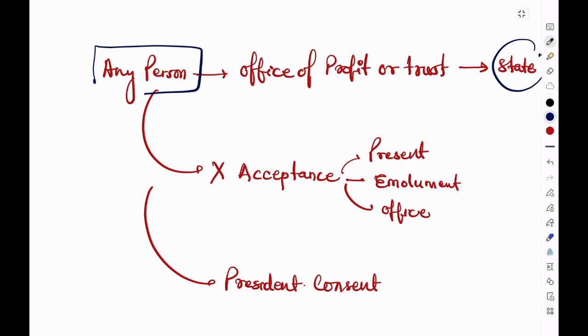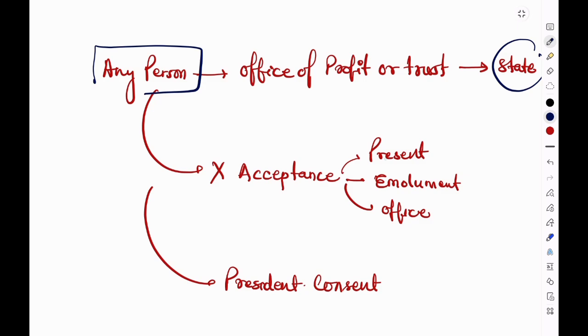There are restrictions that apply to acceptance of any present, emolument or office. A present can be a gift received from a foreign state, like some monetary gift, or the emoluments can be a salary, a financial benefit, allowance or any pecuniary advantage. An office can be a position under a foreign government or foreign state, like employment, an advisory post, or any official designation.